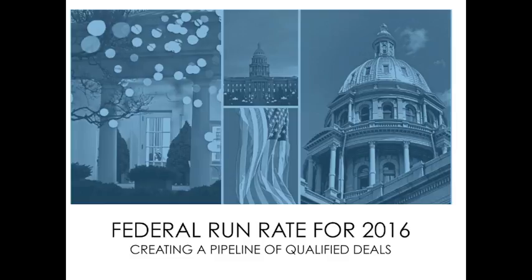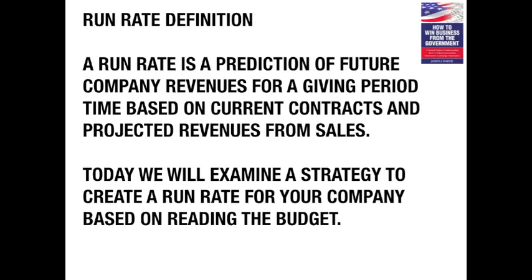And one of the most important things that I had to do was prepare for my senior management the types of deals we were going to go after, the value of those deals, and then the value to our company of those deals. I put a definition of a run rate on the screen for you, and for our purposes today, we're going to talk about how we can make a strategy to take this information on the budget, the strategies, the business cases, and turn them into a run rate.